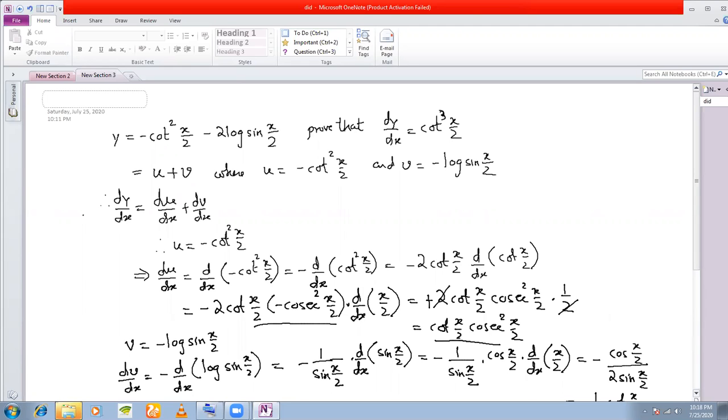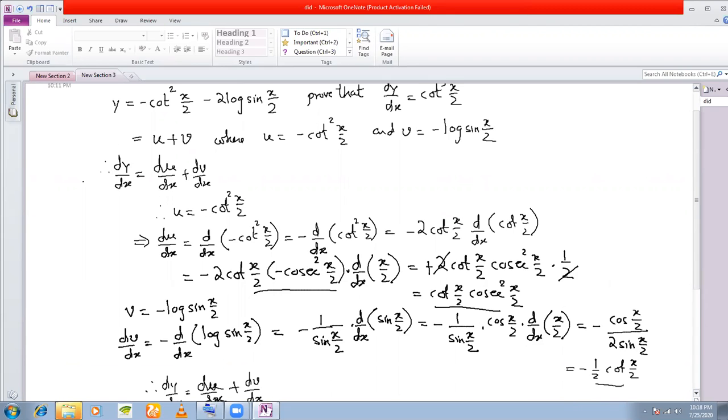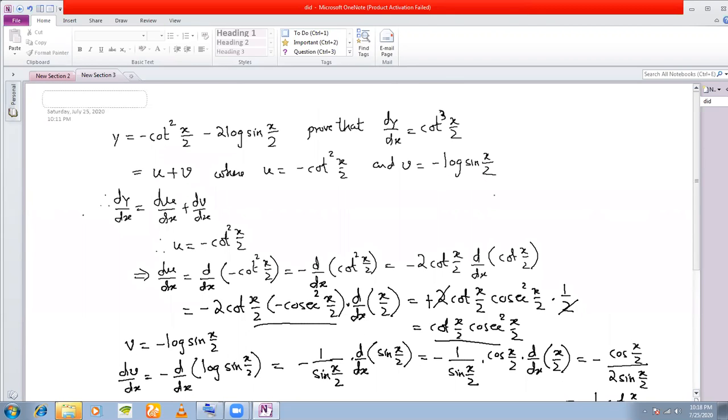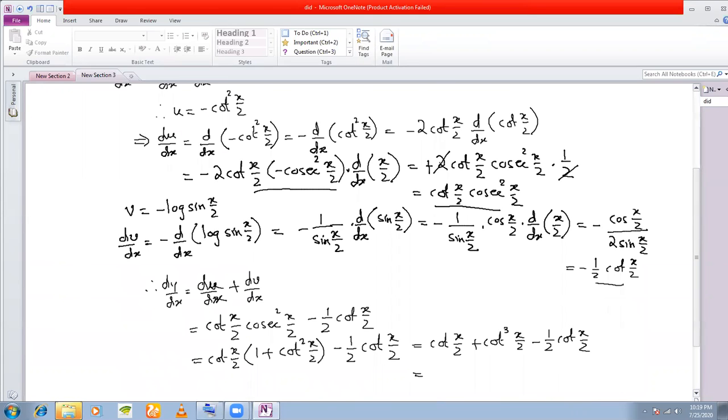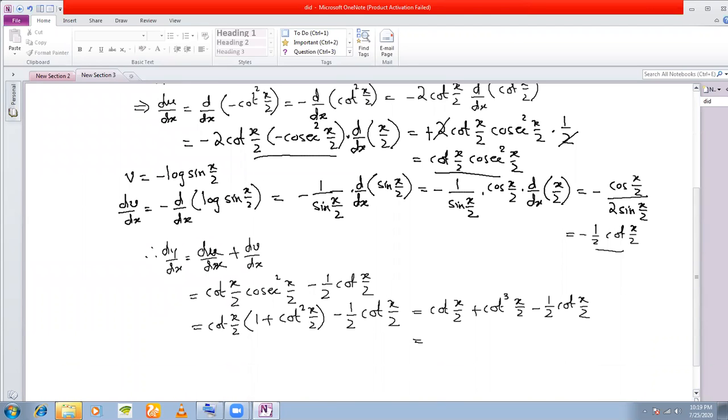Minus twice log. Oh, yes. My question has not been copied correctly. If I have taken this as u, this as v, then v must be minus twice log sin x by 2. So the problem is with v.